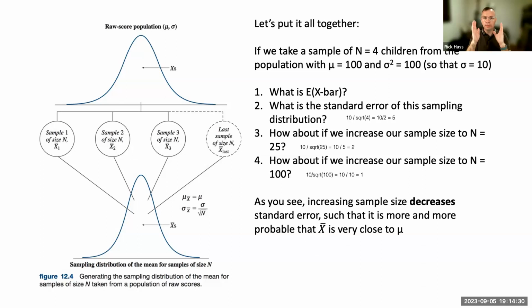So with larger samples, X bar becomes a better and better estimate of the true population mean, such that we would expect less and less fluctuation from sample to sample when the sample size is large.